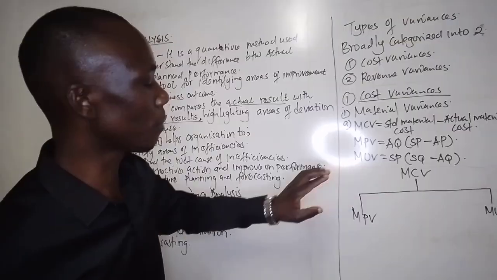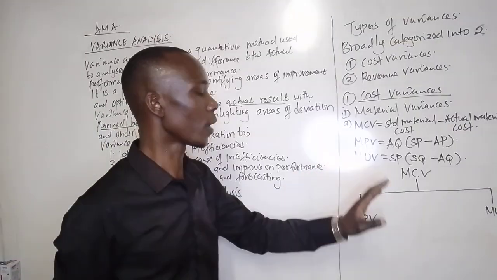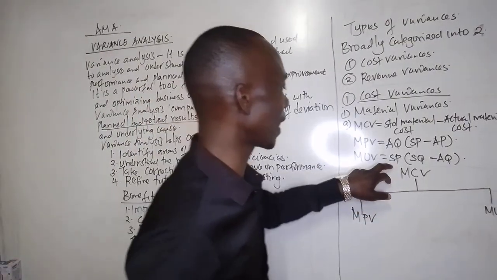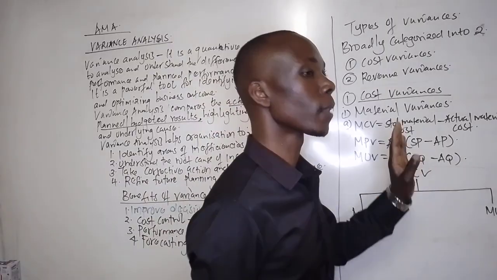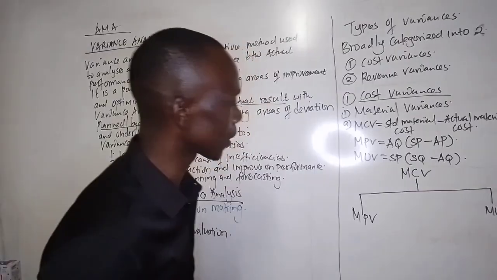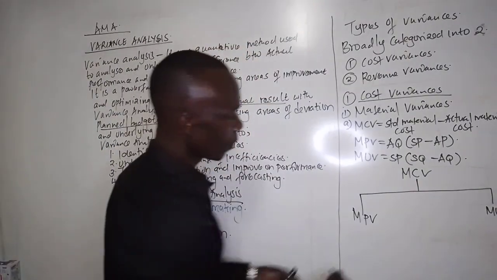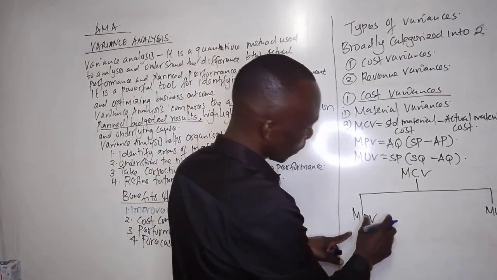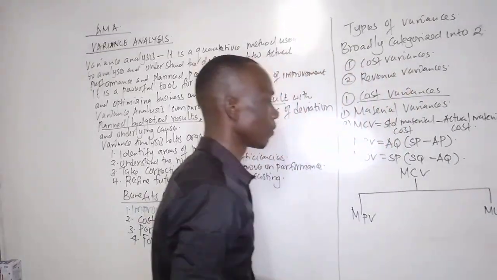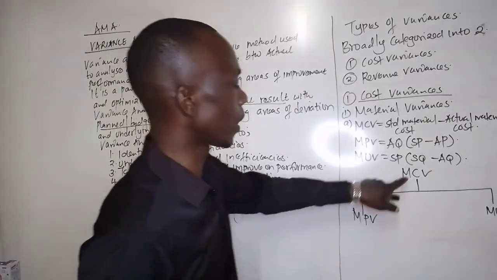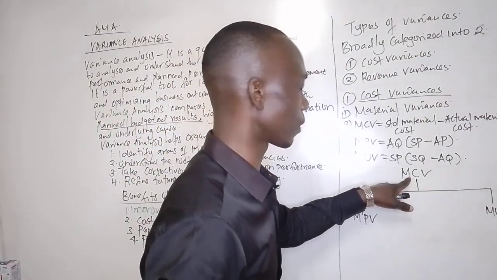In the case of the material usage variance, it is given by the standard price into the standard quantity, then you raise the actual quantity. So when you take the material price variance and add the material usage variance, you are going to get the material cost variance.